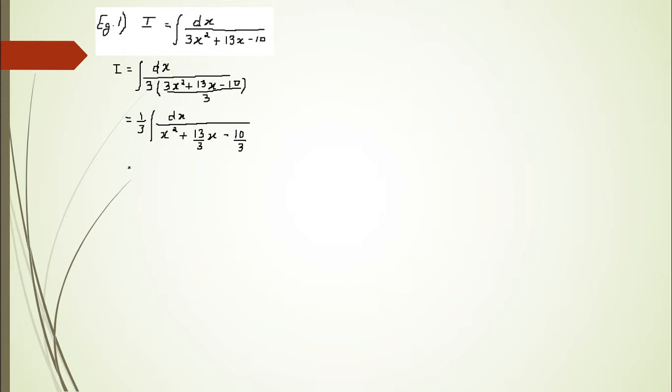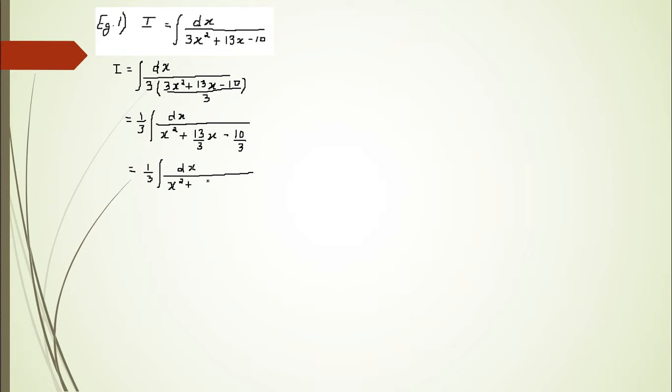Now, as I mentioned earlier, the second step is, in the denominator I have to see what's the coefficient of x. The coefficient of x is 13 by 3. So I have to add and subtract 1 by 2 the coefficient of x whole square. So for I will get 1 by 3 integral dx divided by x square. Now the coefficient of x is 13 by 3.